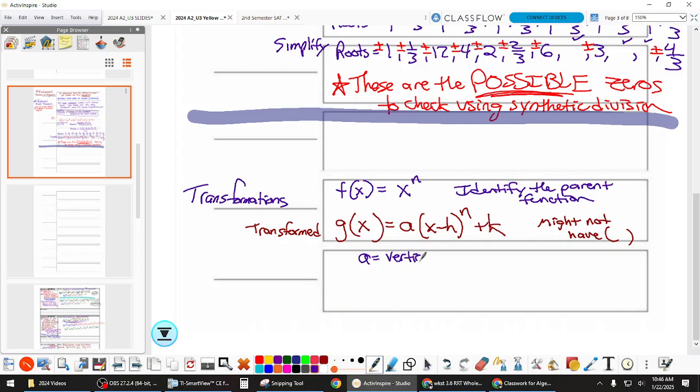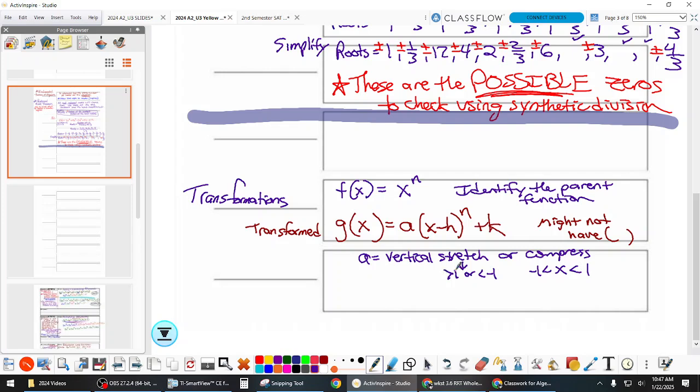Remember, A is vertical stretching. So stretch is greater than 1 or less than -1. Compress is between those two. Because if you don't read it that way, this is mathematically how you can shortcut writing all that out that I just said. But if this doesn't mean anything to you, you should write it.